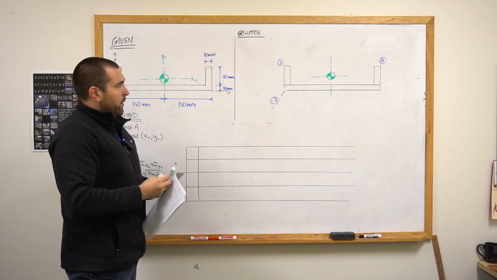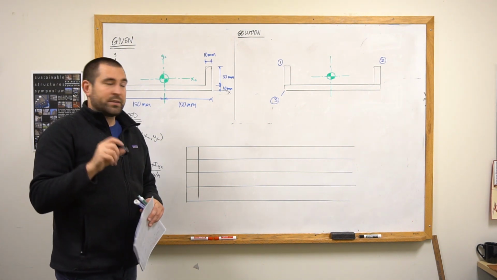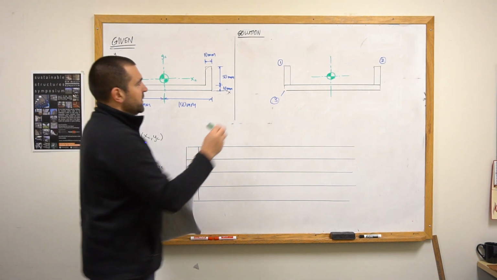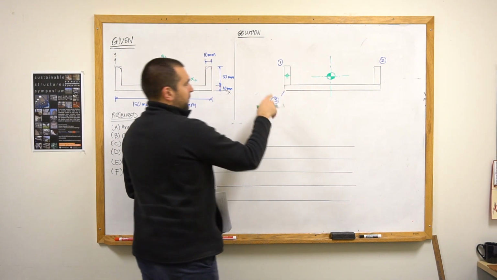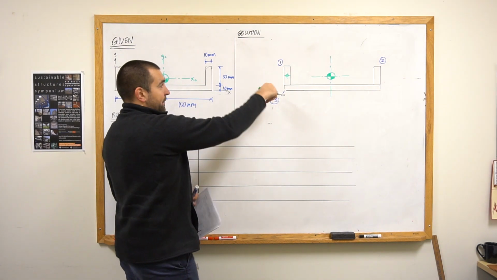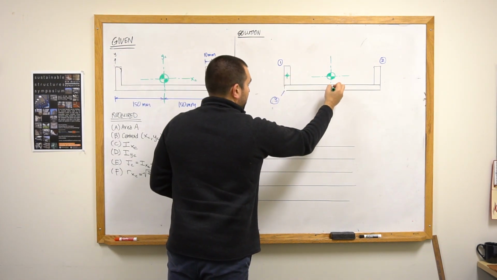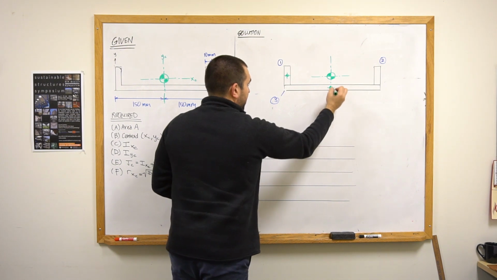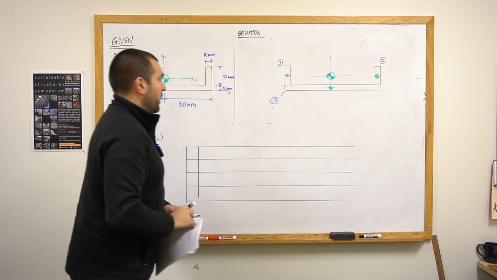And so for each of them, I need to identify the location of the local centroid. For each of these shapes, they have their own little mini centroid. And because they're all rectangles, that's really easy to find. It's just at the half height and half width for each of them. So this will have a little centroid down here, and then shape 2 over here on the right will have a centroid as well.